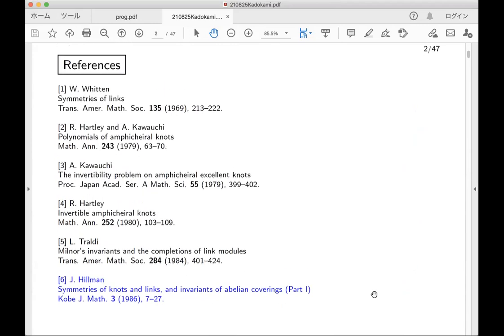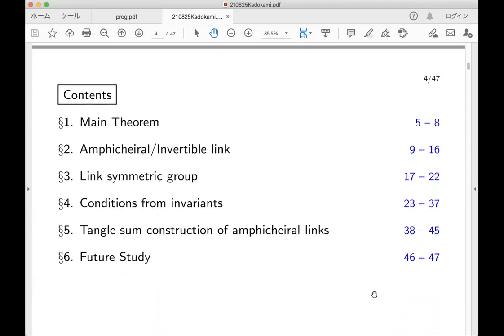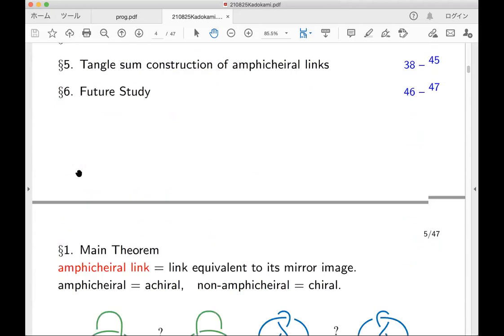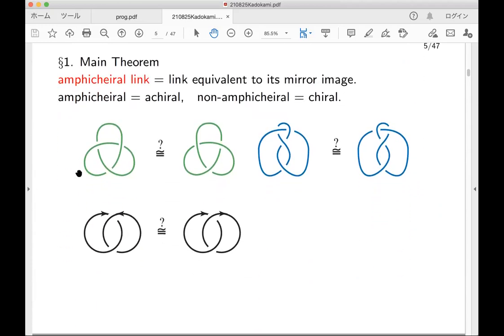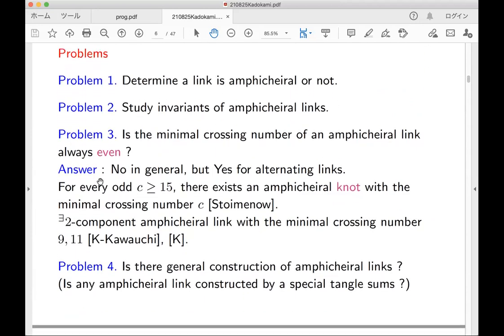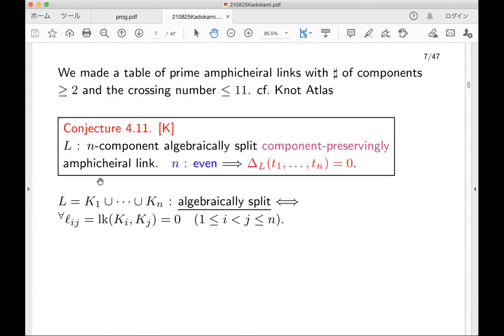I explained the differences and the contents. The main parts are sections 3 and 4. And I explained four problems, and I wrote the conjecture.